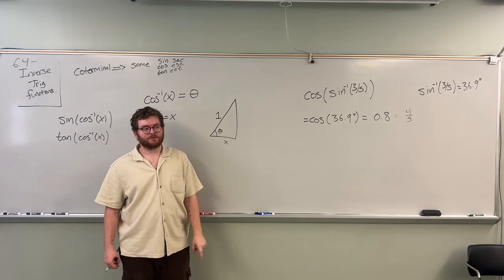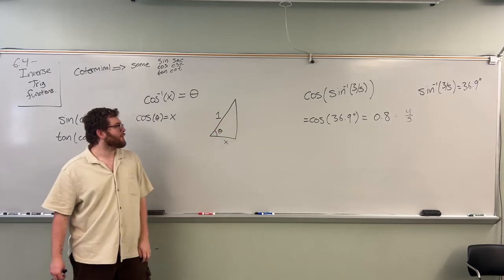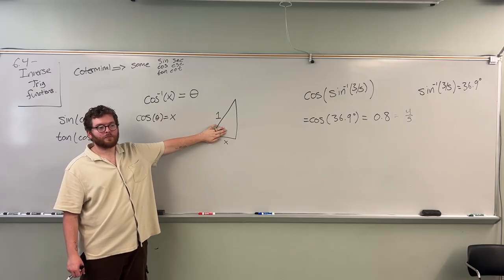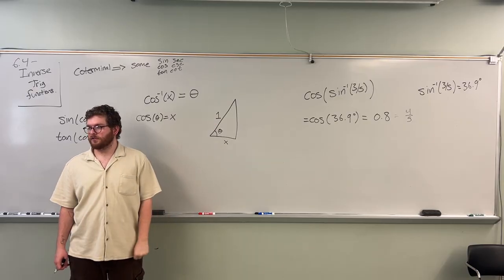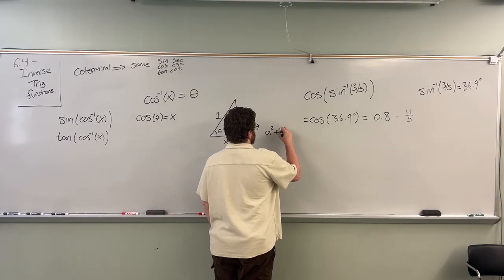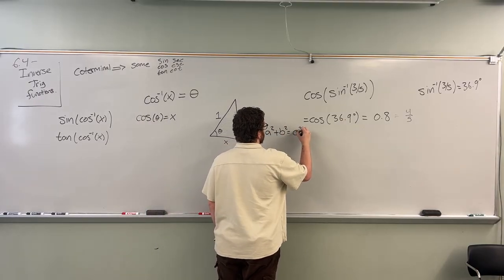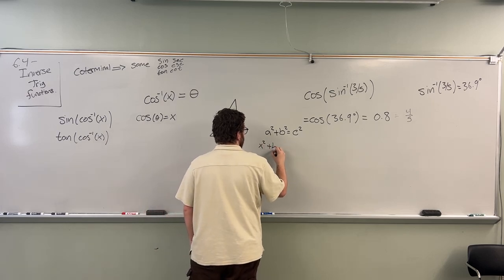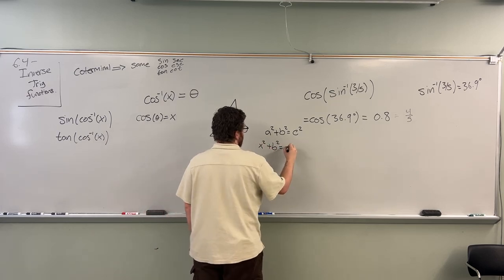Not with a trig function. Luring you away with a trig function. I don't know what the angle is. What formula relates the three sides of a triangle with each other? Pythagorean theorem. I have a squared plus b squared equals c squared. So x squared plus b squared equals 1 squared.